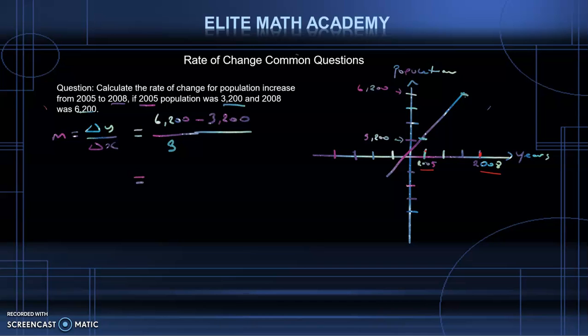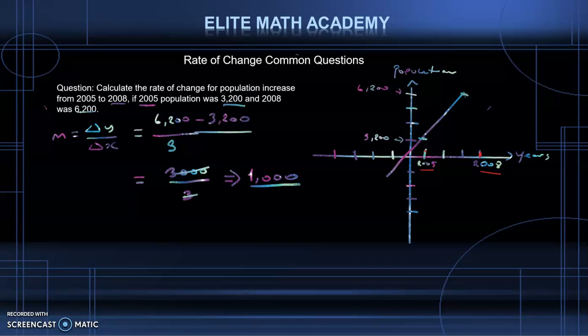If we subtract these, this will be 3,000 over 3, which, if we reduce them by a 3, our rate of change is 1,000. This is our rate of change.